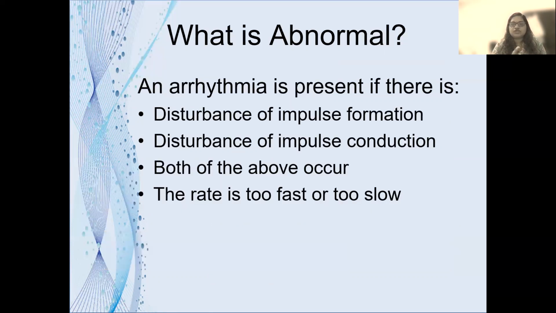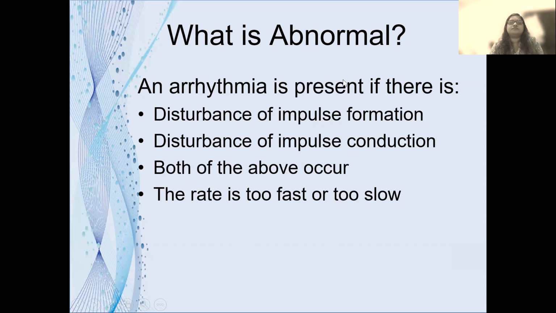Now we saw what a normal ECG rhythm is. Now, what is abnormal? The normal rhythm is called normal sinus rhythm, and an abnormal rhythm is called arrhythmia, where 'a' means there is no rhythm.